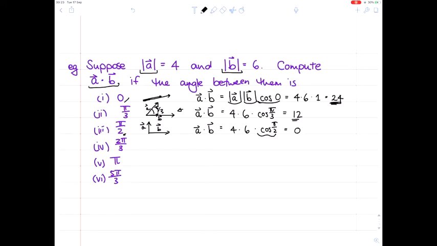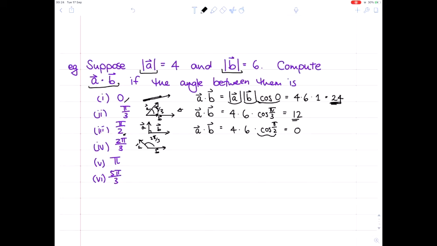Now let's have a look at what's happening when the angle between them is 2 pi over 3. Well, then our A is pointing in that direction, our B is pointing in that direction, and this angle here is 2 pi over 3.